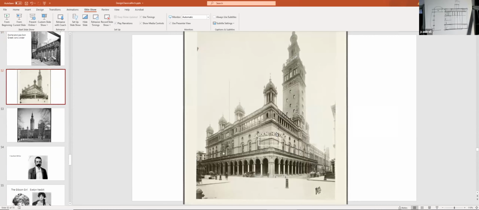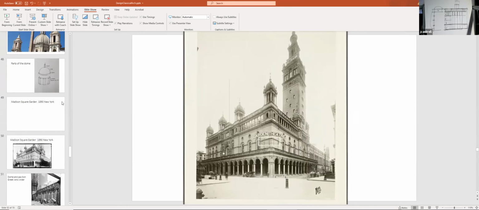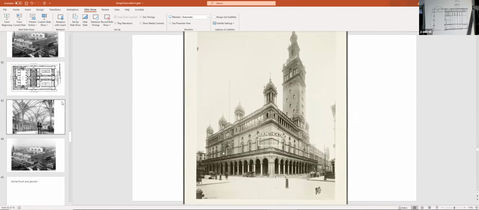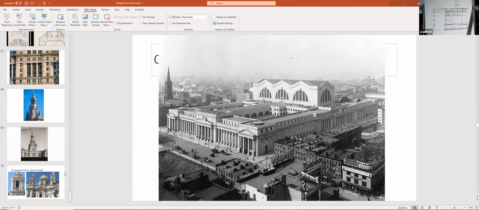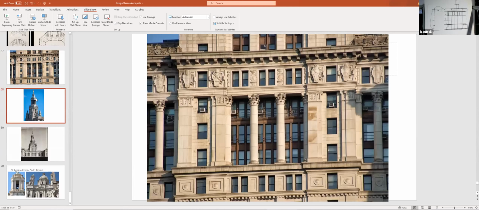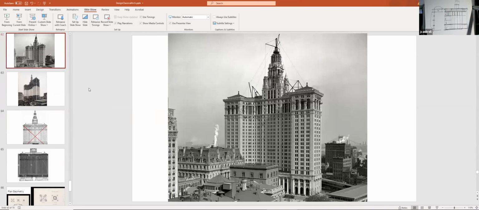So this was just considered outdated and completely last season. Luckily, this building still exists. That would be such a travesty to demolish something as extraordinary as this, or a steel and glass skyscraper.